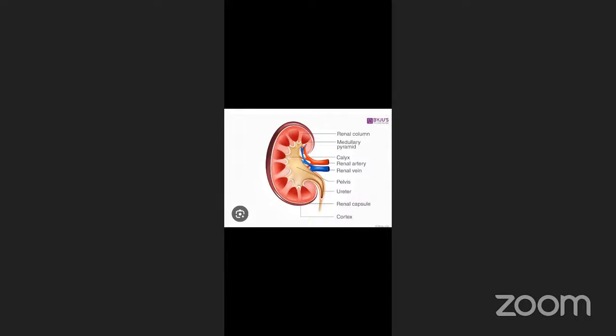So when the amino acids are in excess, all the amino acids have been absorbed from the ileum and they are taken to the liver. If they are in excess, they will not be let to be distributed into the body by the blood. The excess will be deaminated. So the process of deamination is basically removal of the amine group from the amino acid.